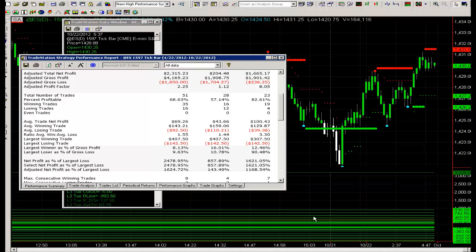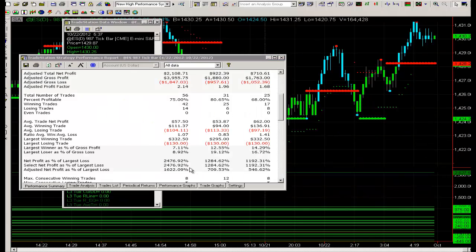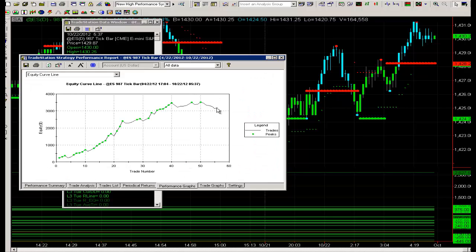And over here we have the ES 987 running at 57.50, and you can see the performance there, just dipping down a little bit at the moment. It had a winner last time, but that also seems to be tracking nicely. So two different settings on the cycle trader for the S&P, which is great.